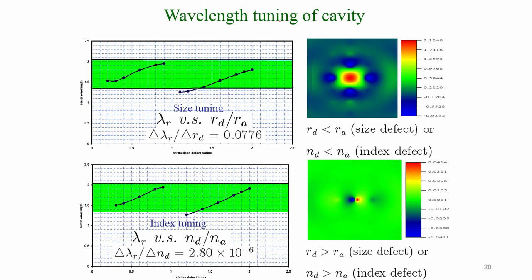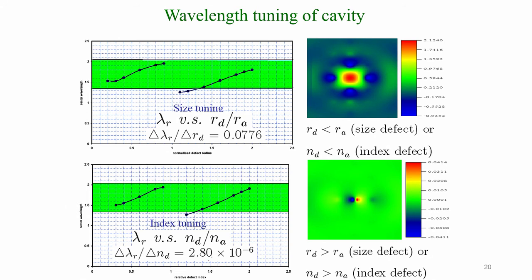So, this is the chart which shows how you can decide what wavelength can resonate. You can tune the operating wavelength with various parameters of the cavity. In this particular case, two methods of tuning are shown here. You can change the size of the photonic crystal and tune it and get a different resonant wavelength.